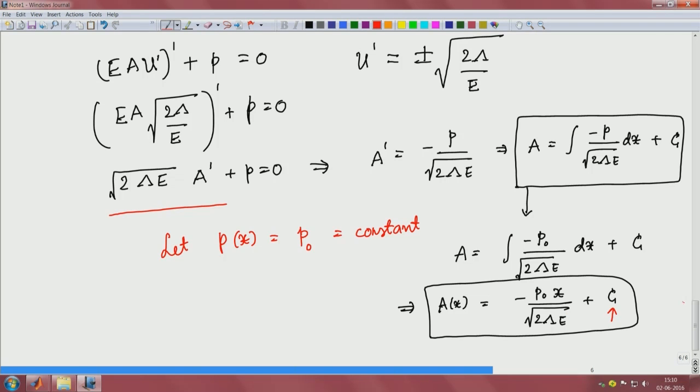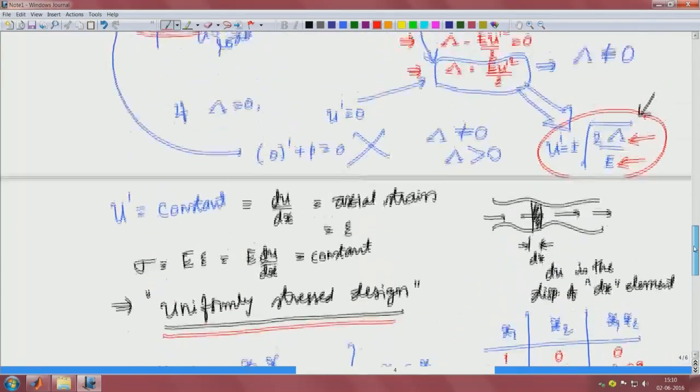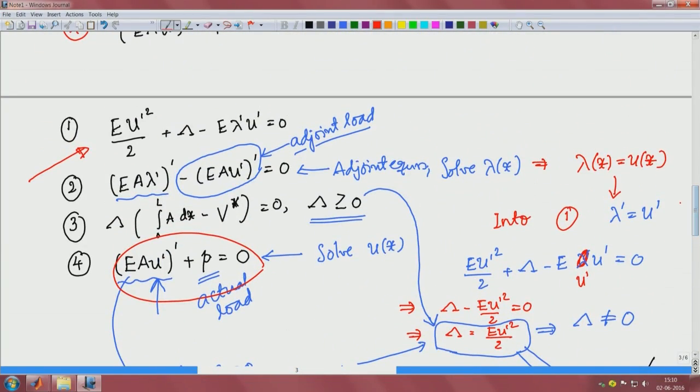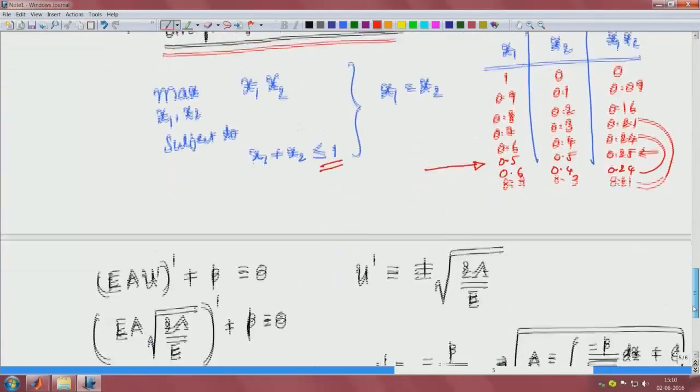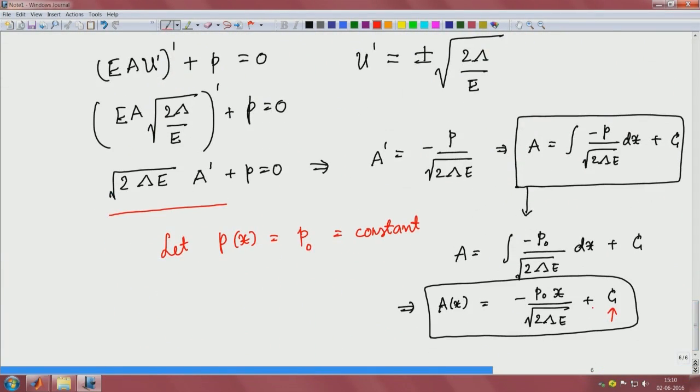Okay. So, if we go back to our thing, we have not yet used this constraint, equation 3. We only have concluded lambda should not be equal to 0 here and it should be positive, and we found the lambda value over here. We have not used this integral a dx minus v star should be equal to 0. If you put that, we can find lambda, provided we get the boundary conditions. When you do boundary condition, we know what C is.